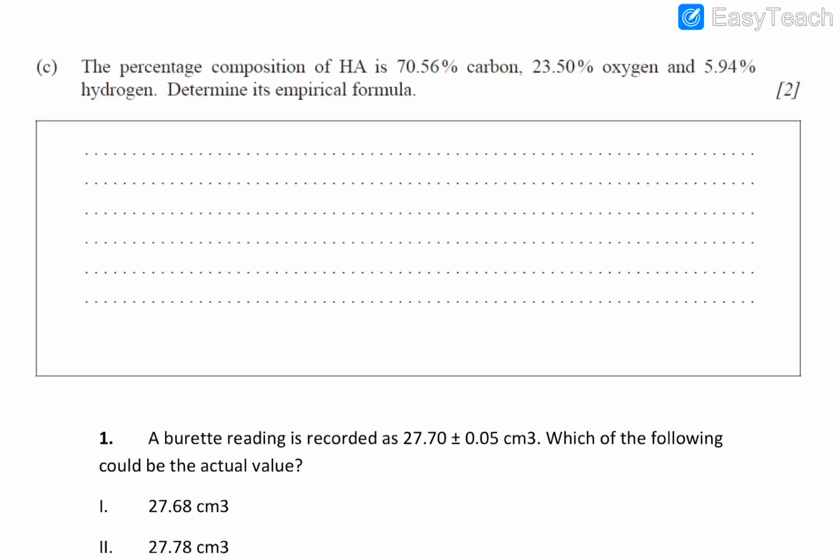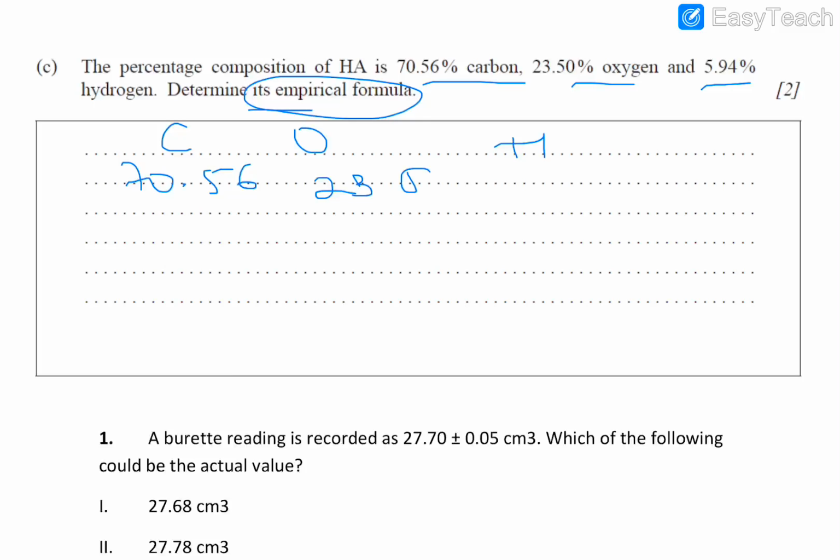Now you have the percentage composition. You'll have to find its empirical formula. It's very easy. Carbon, oxygen, and hydrogen. Divide by AR.